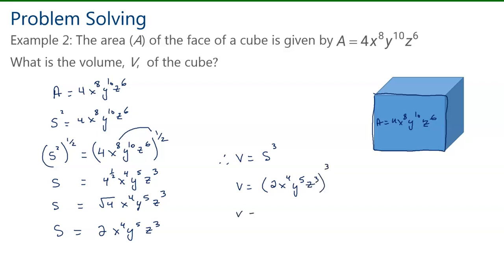And of course we use our power of a product rule again. This will be 2 cubed. We'll have x to the 12 from 4 times 3. We'll have y to the 15, 5 times 3 for the exponents, and z to the 9. We know that 2 cubed is 8, so our final answer is 8x to the 12, y to the 15, and z to the 9.